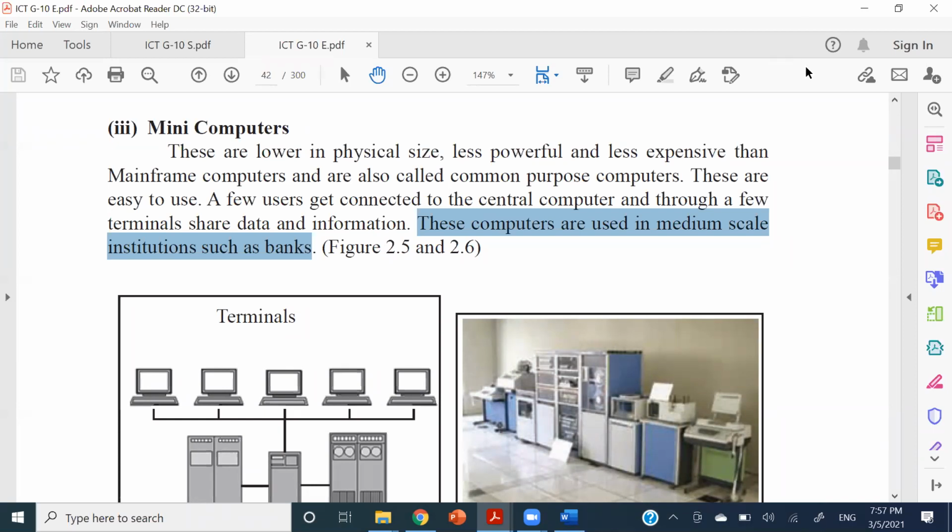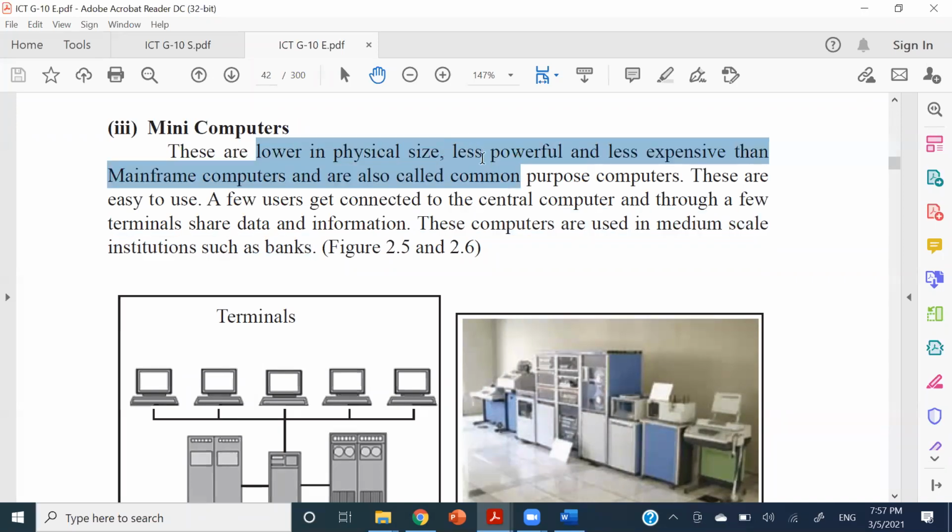The first point is this particular thing: lower in physical size, less powerful, less expensive than mainframe computers. That was the first point.